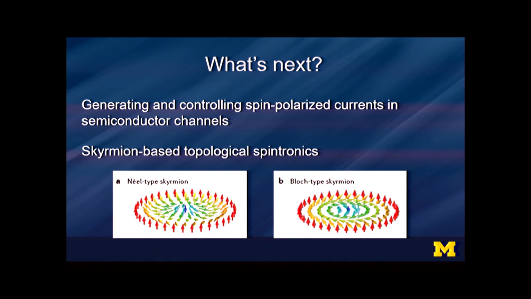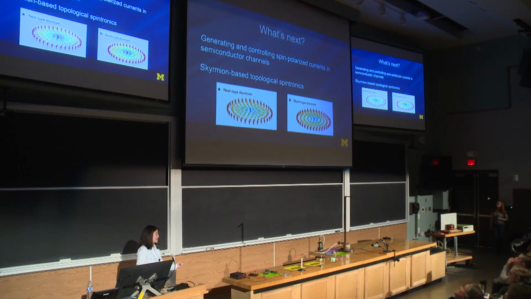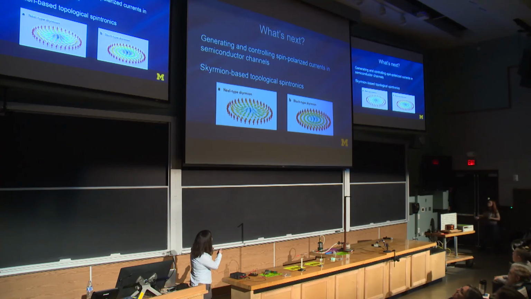So there are also proposals for magnetic racetrack memory. And another proposal being investigated is the idea of using what are called skyrmions. You can see that there are, in these diagrams, a couple of different types of skyrmions.